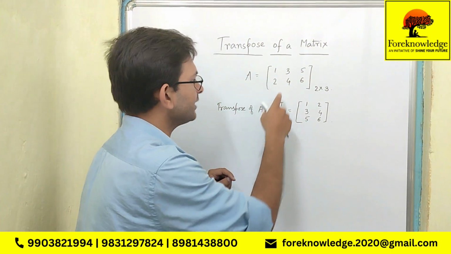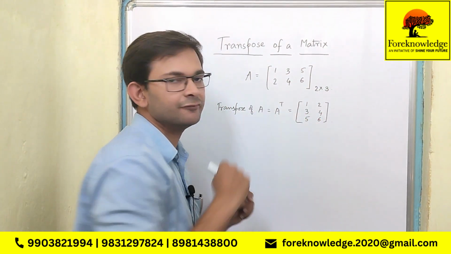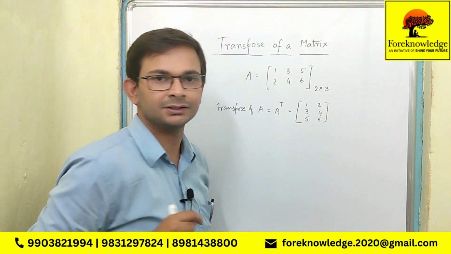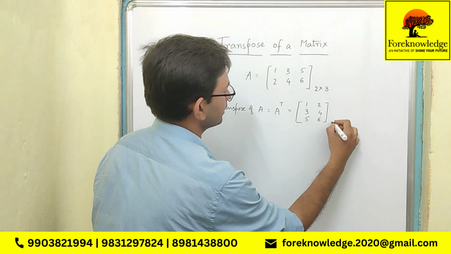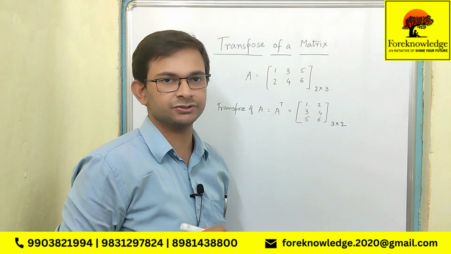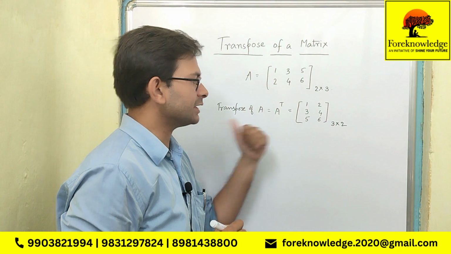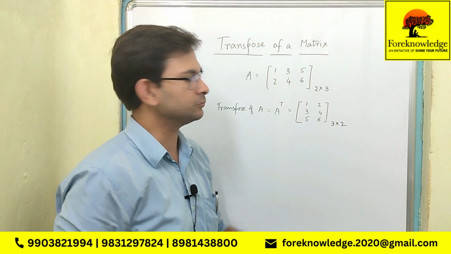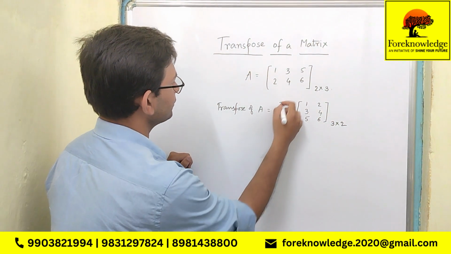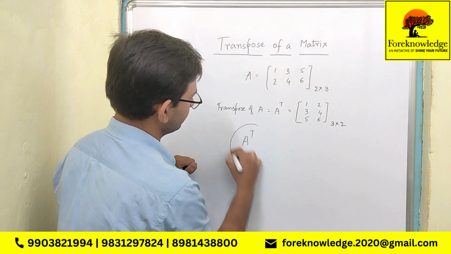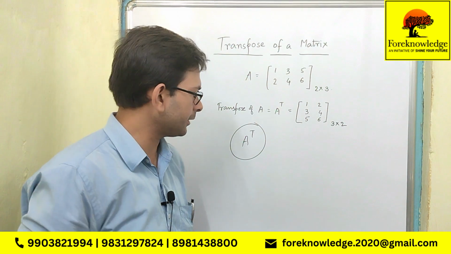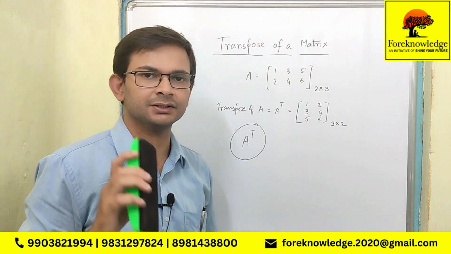The columns of the original matrix are also converted into rows. So the order changes as well: it was 2 cross 3 for the original matrix, and for the transpose matrix it is 3 cross 2. The transpose is denoted by A with a T on its power.